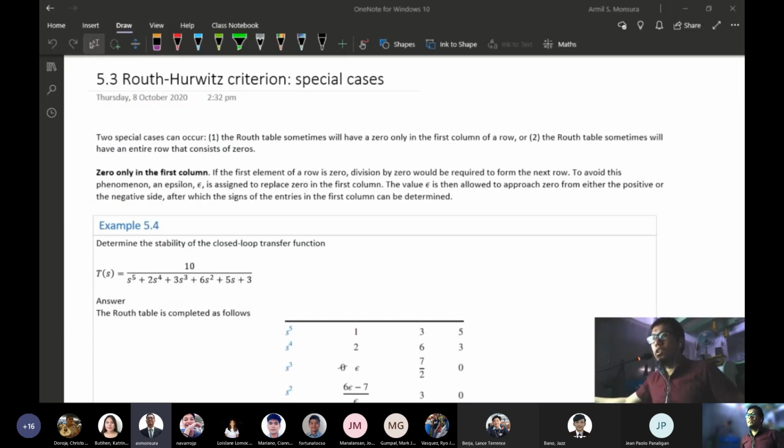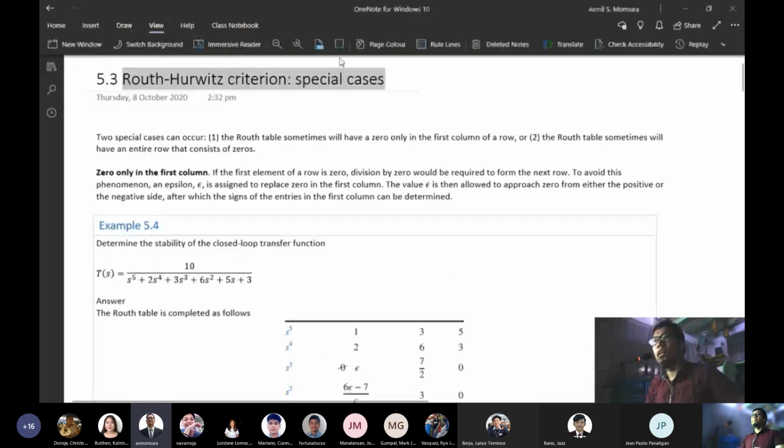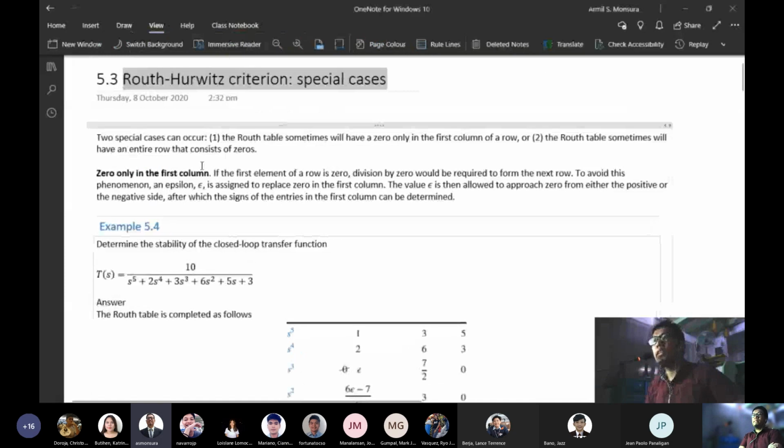Okay. So now we proceed with the special cases of your route Hurwitz criterion. Okay, in which dalawang special cases yung pag-uusapan natin. Okay. Number one, the route table can sometimes have a zero only in the first column of a row. Okay, so sa isang row, yung first column nun magsi-zero.